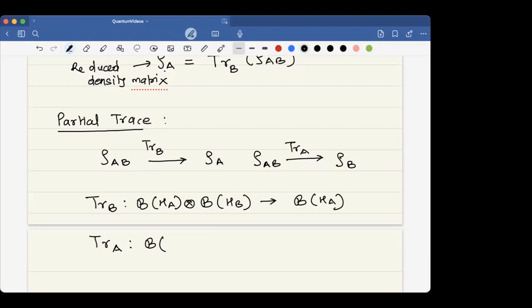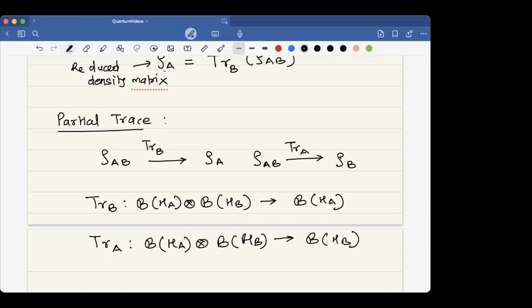So the partial trace over the first subsystem, subsystem A, should give you the density matrix in the second subsystem.